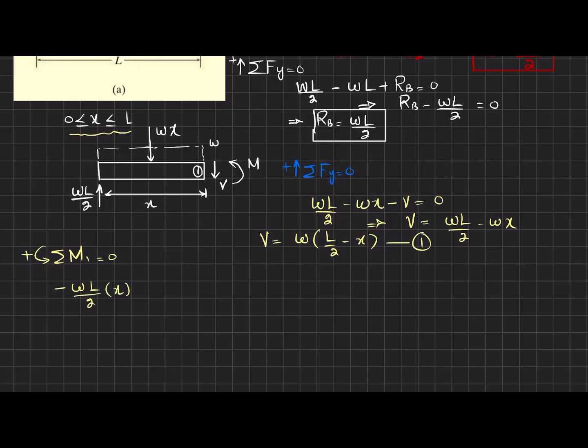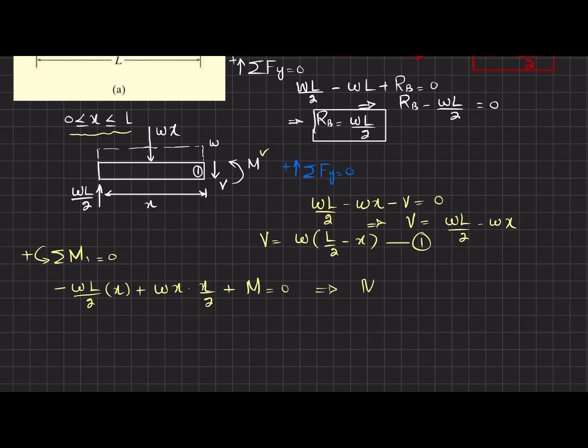The second moment is due to this W into x, which will be acting at a distance of x by 2, and it is producing a counterclockwise moment, so it will be positive. So plus W into x into the perpendicular distance x by 2, and there is an external moment M. Their sum must be equal to 0.